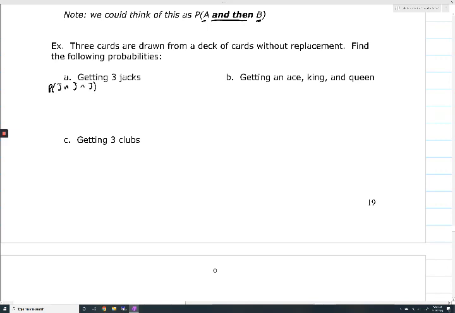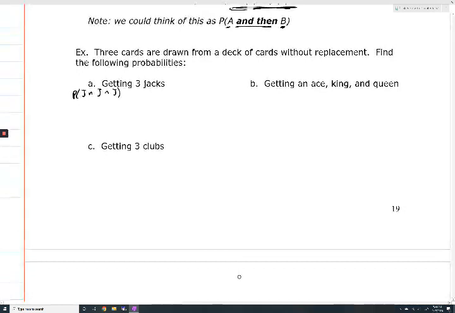Now, since we're drawing the card without replacement, this becomes the probability of getting a jack times the probability of getting a jack given the first card was already a jack, times the probability of getting a jack given that we already had 2 jacks. And so that's how that probability statement is written.